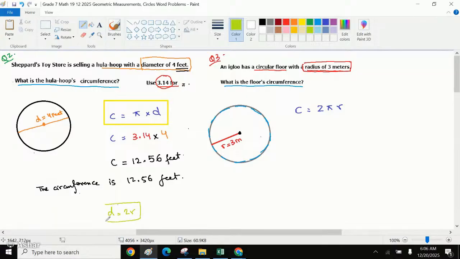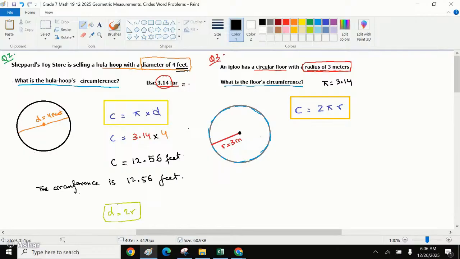So in place of 2r, we can write d, that is the diameter. We also have the formula circumference is 2 pi r. And we always take the value of pi to be 3.14.